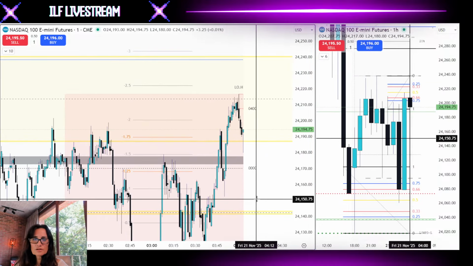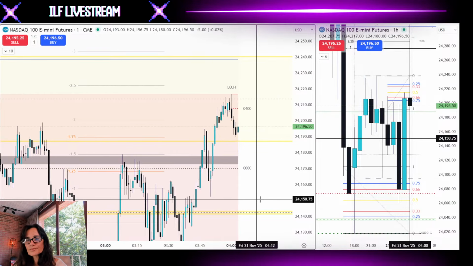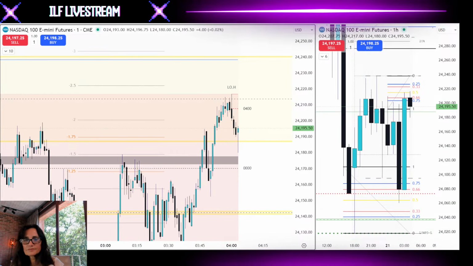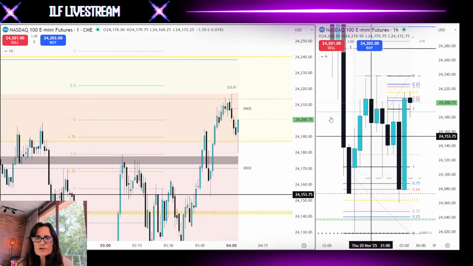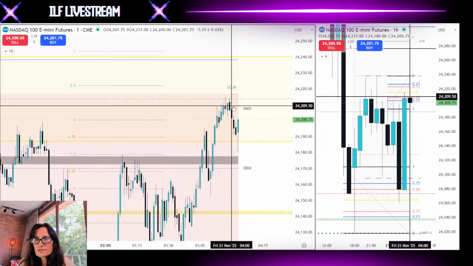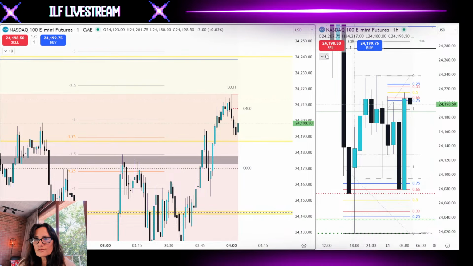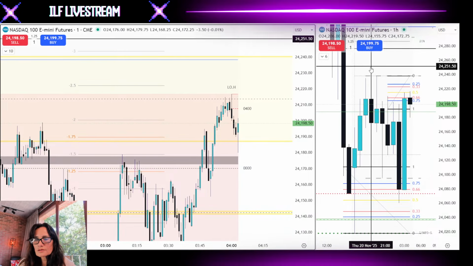Come on, go up. Still time enough. I really want this level, but 4 o'clock is already printed here. It's okay. I would have preferred the 4 o'clock to be here.